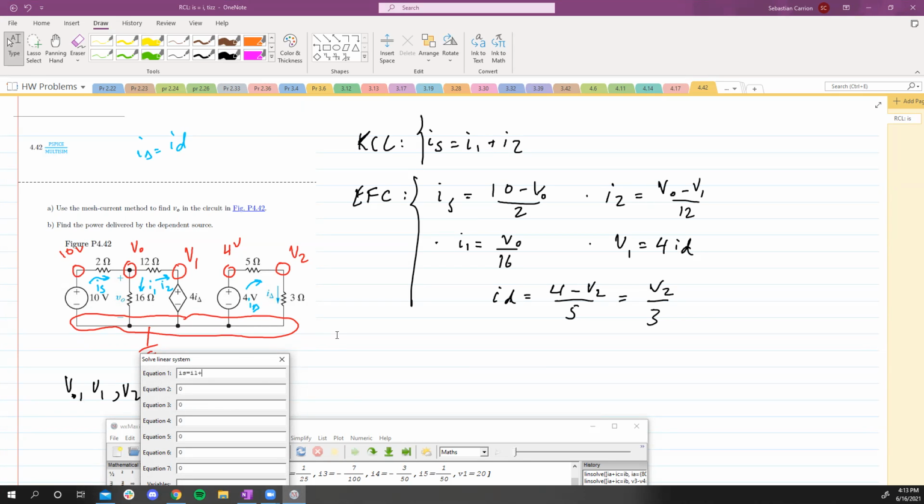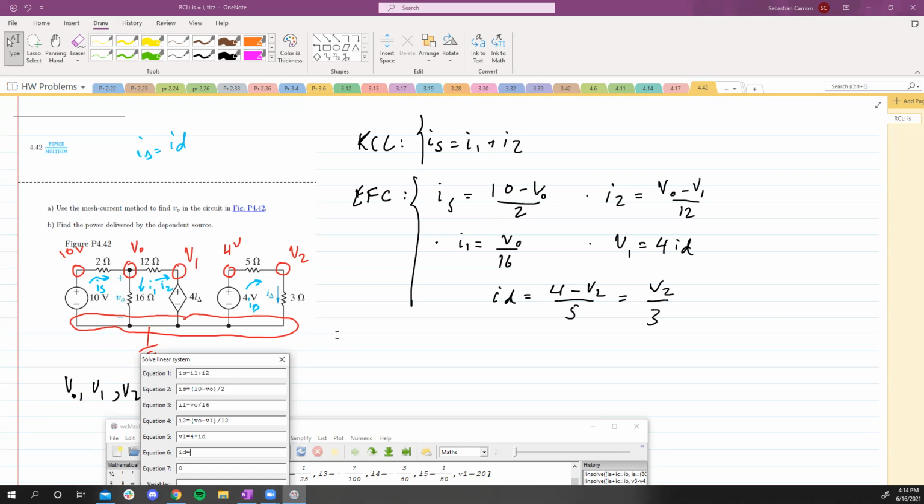IS equals I1 plus I2. IS equals 10 minus V naught over 2 equals V naught over 16. I2 equals V naught minus V1 over 12. V1 equals 4 times ID.